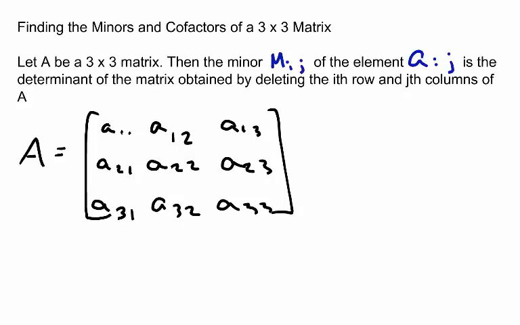Now suppose you're asked to find M 3, 2. That's the minor for the third row and second column.